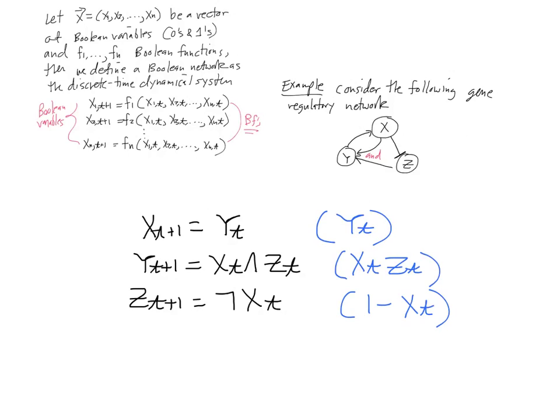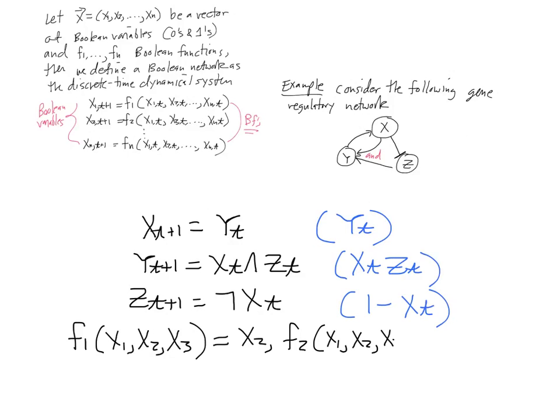But notice here then your F1 of x1, x2, x3, if x1 is x, x2 is y, and x3 is z, then that's just x2. F2 is x1 and x3, and F3 is just not x1.